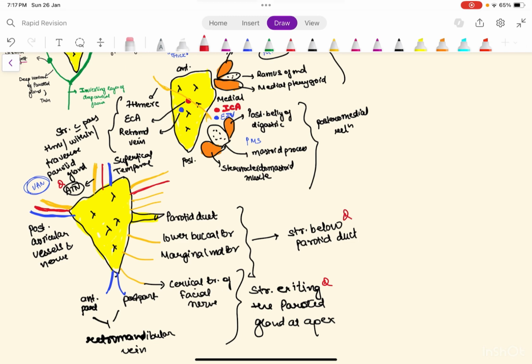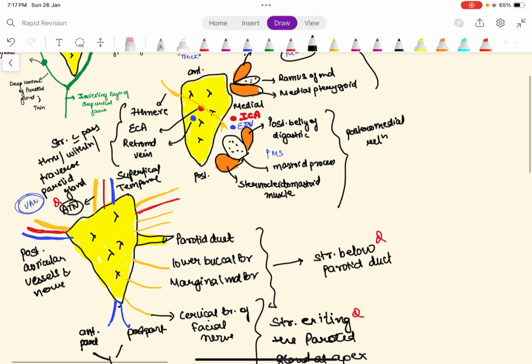Okay, this is also a question. Then here just know lower is below, so upper buccal branch, zygomatic branch, temporal branch, seventh nerve key.